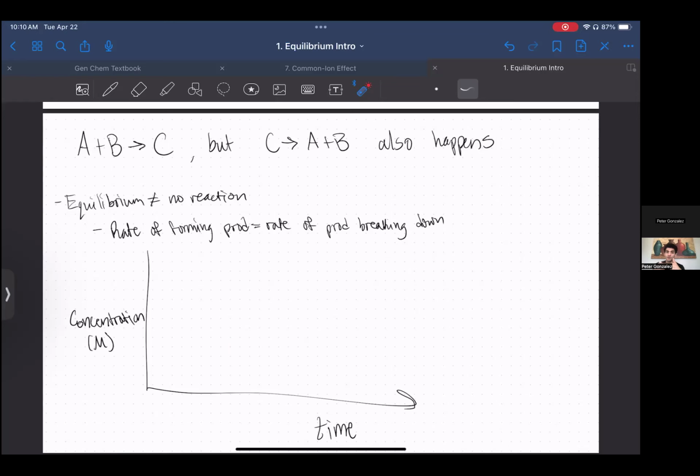That C compound can just break up back into A and B. So while we commonly talk about reactions as, oh, you put A and B together and it makes C, there's also the fact that C can break down and become A and B again.